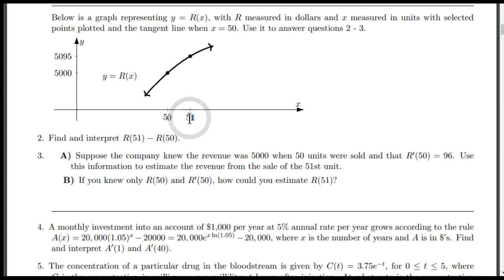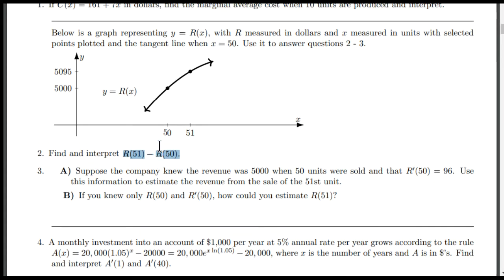Between 50 and 51, they're just 1 unit apart. In fact, my interpretation of this expression is that it is the revenue generated by the 51st item. So it is the precise revenue that was generated by the 51st item.